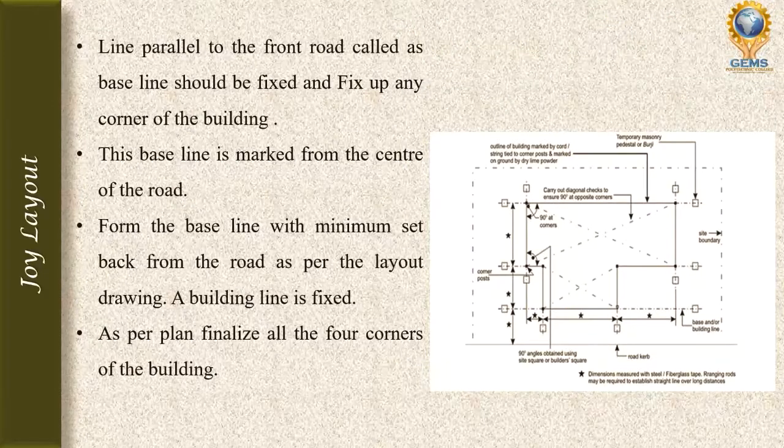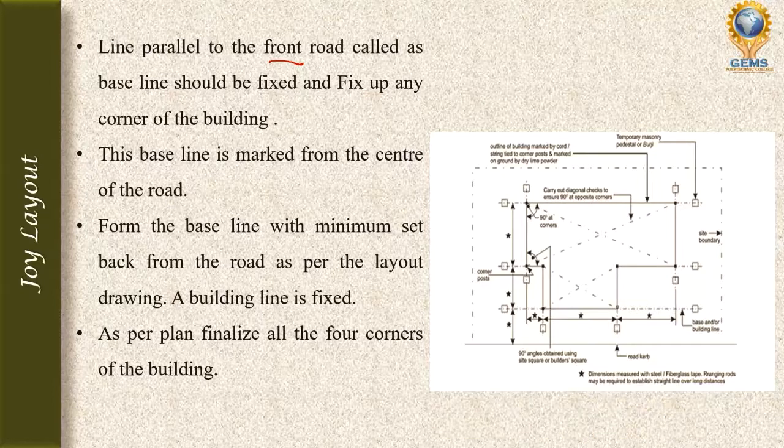The line parallel to the benchmark or front road is called the baseline. Once the baseline is fixed, then we can fix any corner of the building. So this is the road. From the road, a line parallel to the front benchmark or front road, we will fix the baseline.